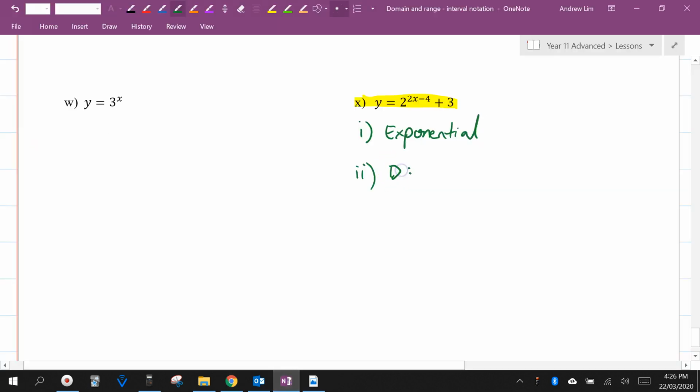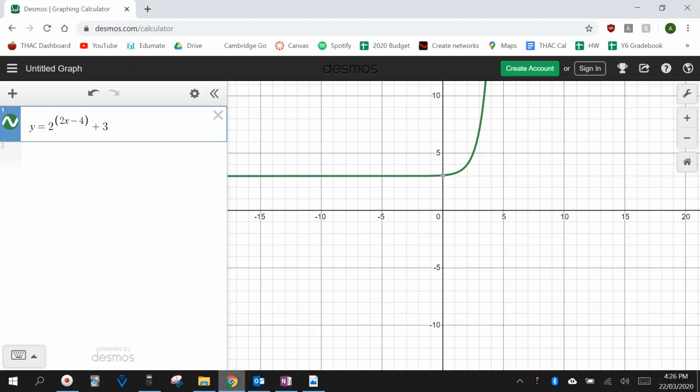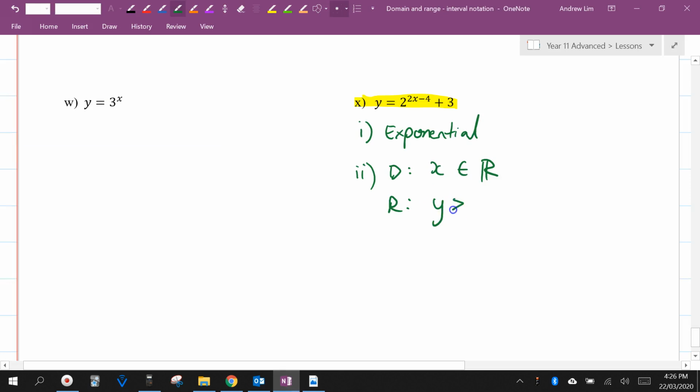Okay, so the domain, x is an element of all real numbers. However, the range has to be greater than 3. No matter what, the graph will always be greater than 3. So y is greater than or equal to 3. Sorry, not or equal to. It's just greater than 3 because the asymptote is at 3.